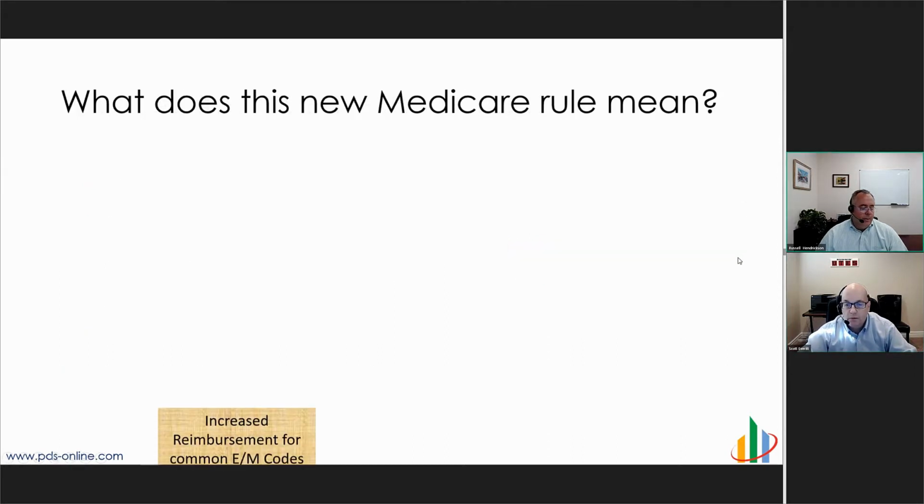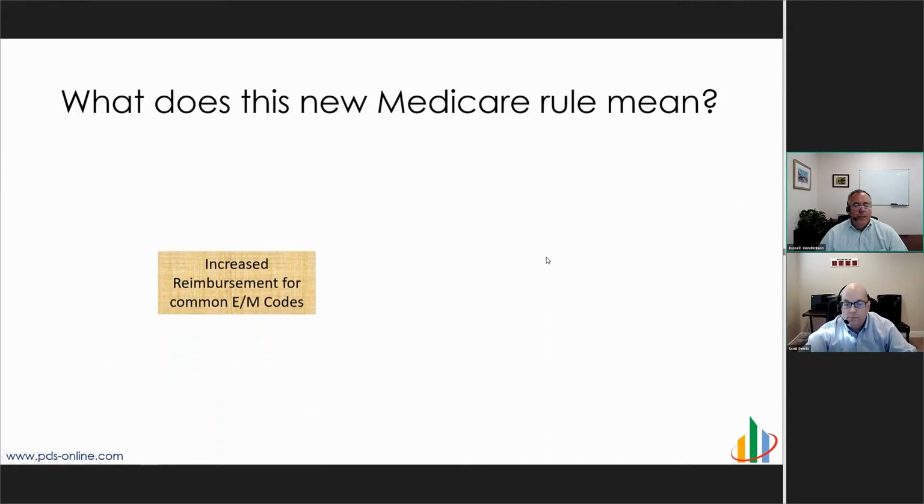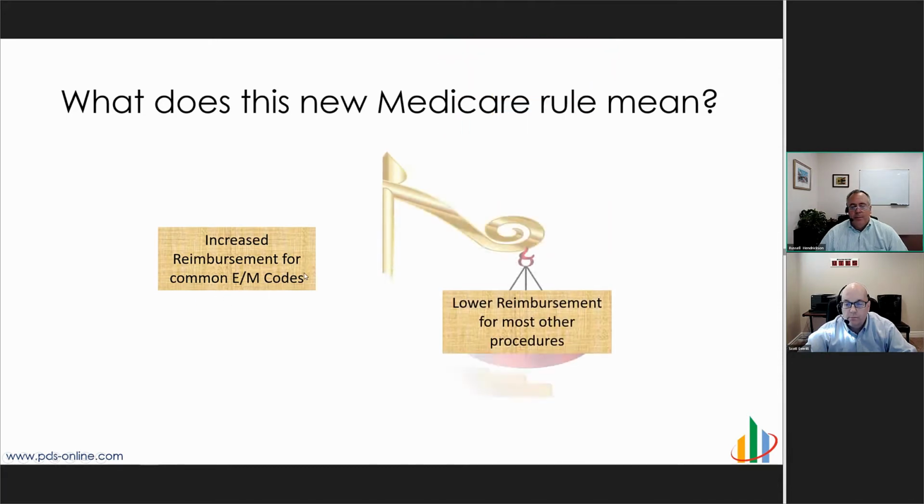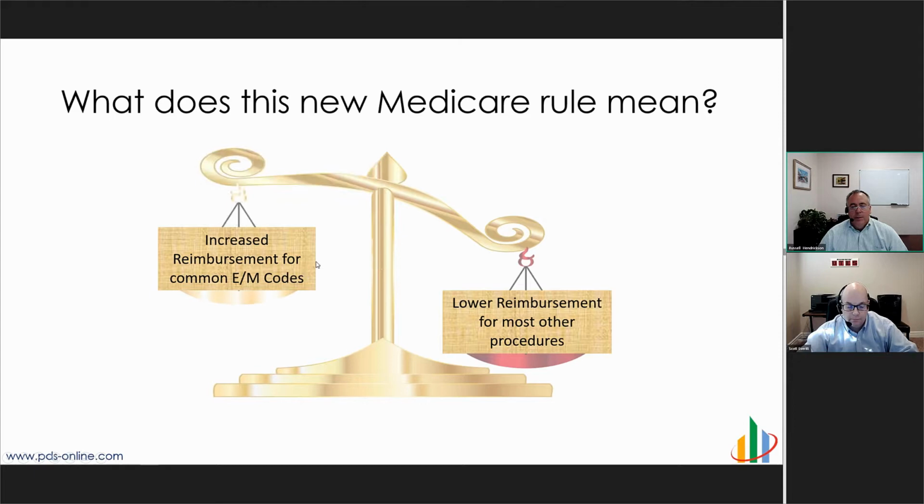So Scott, if I understand correctly from what you said earlier, we're going to see an increase in reimbursement for our evaluation and management codes. So reimbursement is going to go up here. But because that conversion factor is going down, we're going to see lower reimbursement on virtually all other procedures, anything that is a non-E&M code that hasn't been raised. Is that correct? For the most part. There are other procedures that are impacted, as there always are every year.